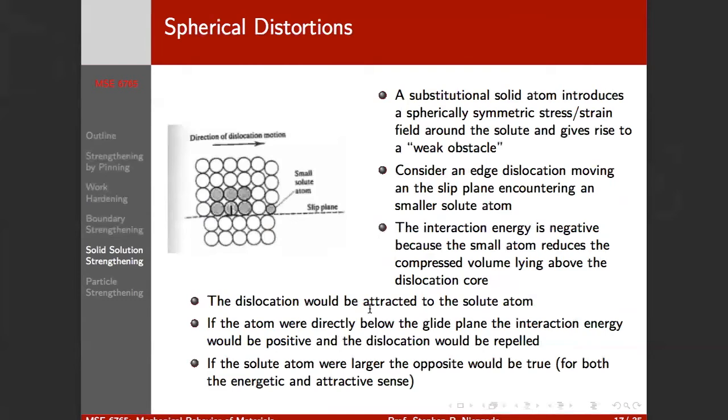So in this case, the dislocation is going to be attracted to this solute atom. What happens if it was below? The dislocation is going to be repulsed. The same way, if we have a larger solute atom: if we have a larger one above, we're going to have a repulsion. If we have a larger one below, we're going to have an attraction. Right?